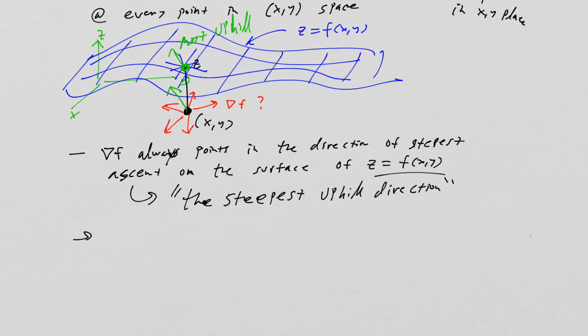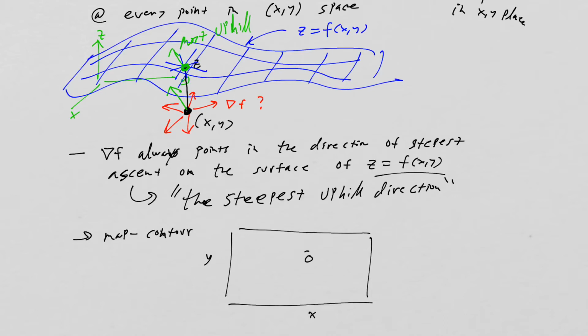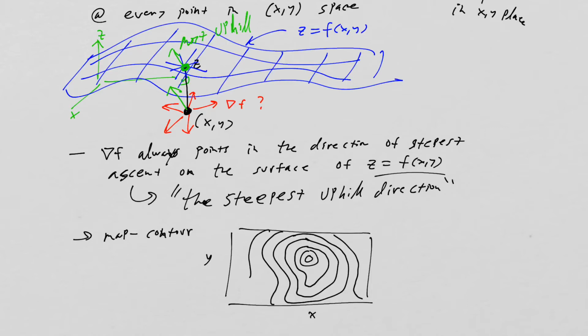The other way to understand it is if you're looking at a map, a contour map. So if you're looking at a map from above, so here's X and there's Y, and there's all sorts of maps. You've probably seen maps, if you've ever gone hiking and you bring a map of the trail that you're on.